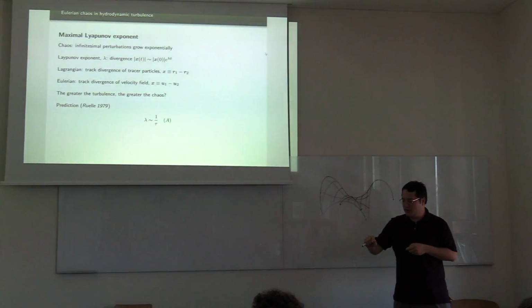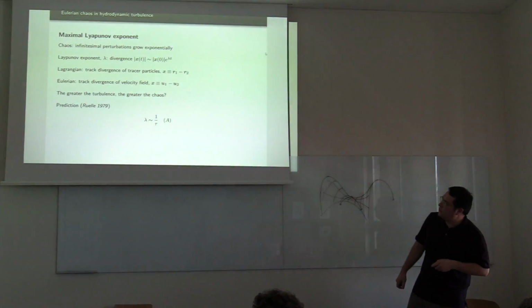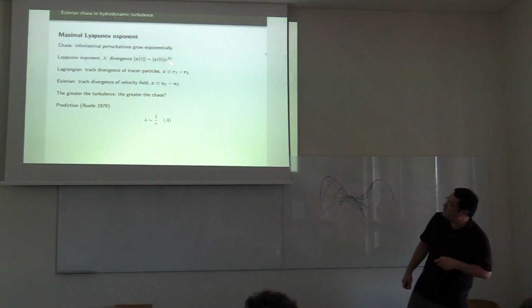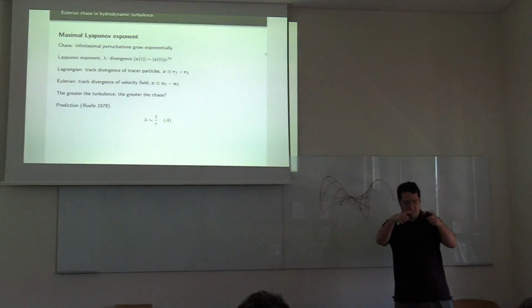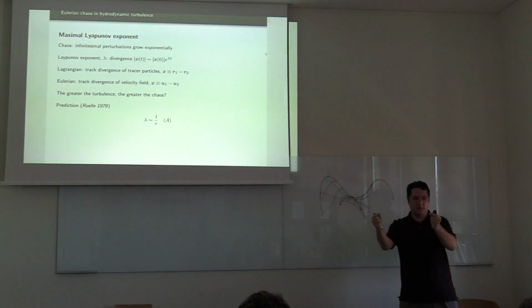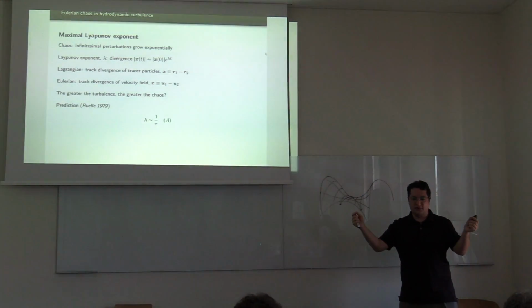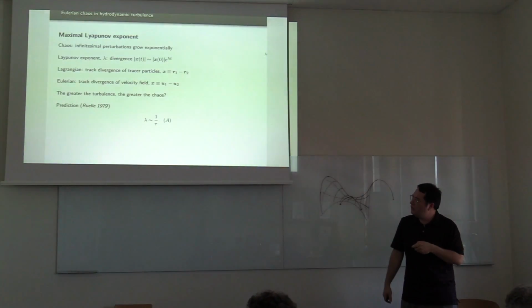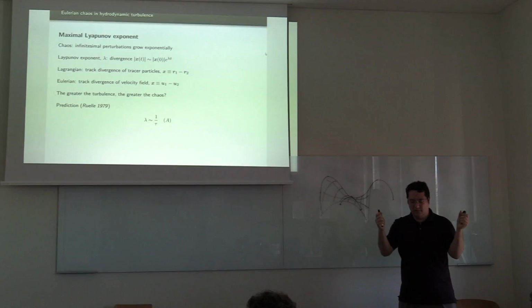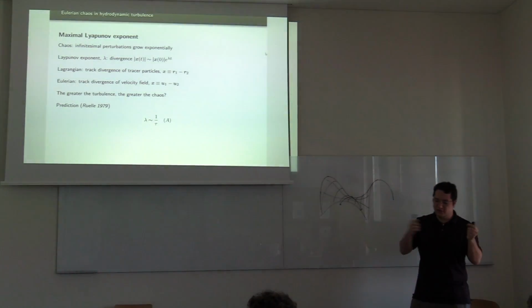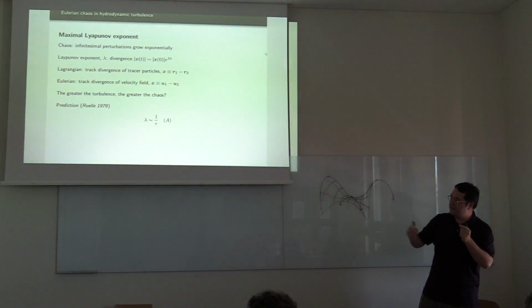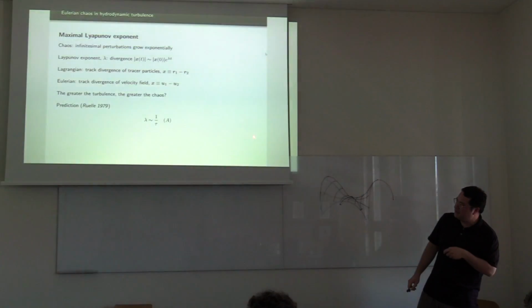These infinitesimal perturbations in chaos will grow exponentially, and they will do so with a certain rate, which is given by lambda. Now, in a Lagrangian sense, what we do is we have a flow, and we embed these tracer particles in it. And these tracer particles will grow exponentially far apart with a certain rate. What we are looking at is the Eulerian sense, so we have the state of the whole system, and the state of the whole system diverged exponentially from what it would have been.